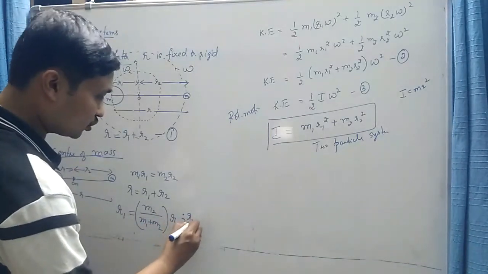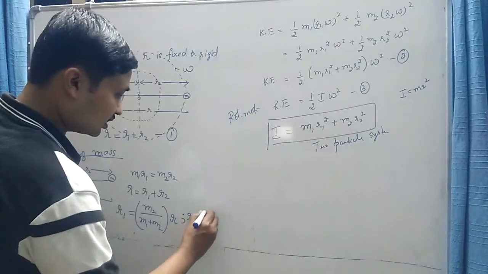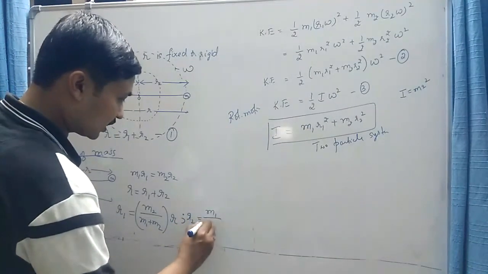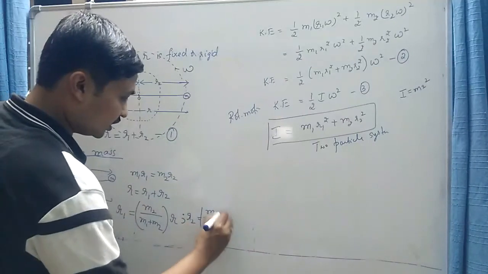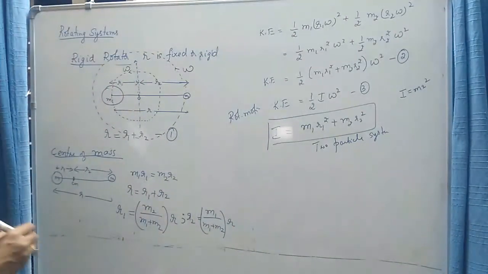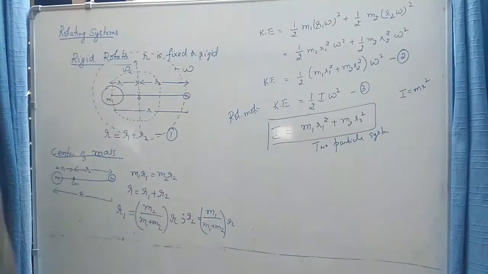Similarly, r2, the distance of the second particle from the center of mass, is m1, the mass of the first particle, divided by m1 plus m2, the total mass, into the distance between the two particles. So if I solve these two equations, I end up with these two terms, r1 and r2.